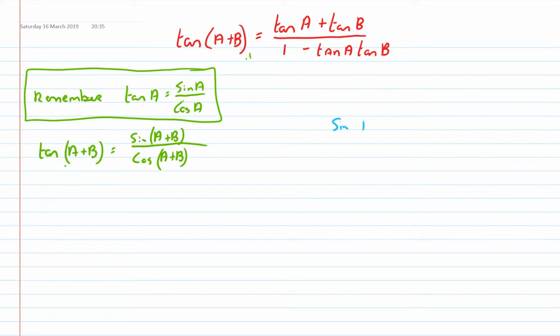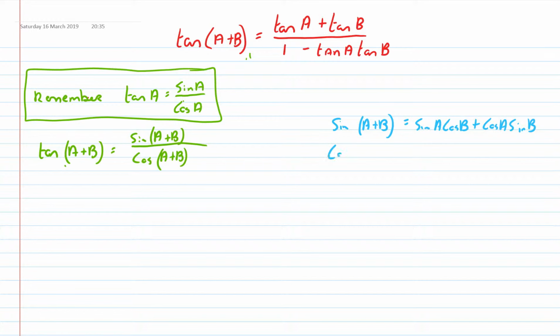sine(A + B) equals sine A cos B plus cos A sine B. And we found that out already, we've derived it.